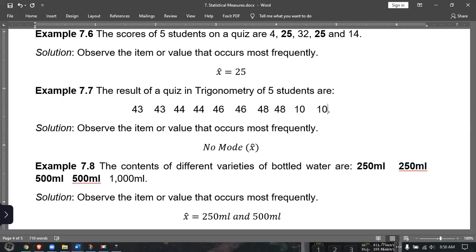Yes, all of them. So we have 43, 44, 46, 48, and 10 as our modes. Any question about mode? None, sir.